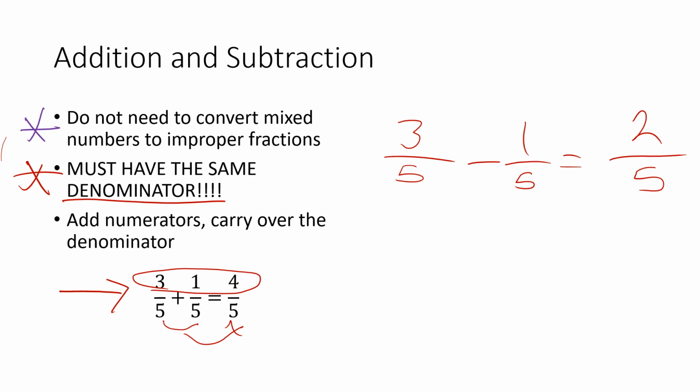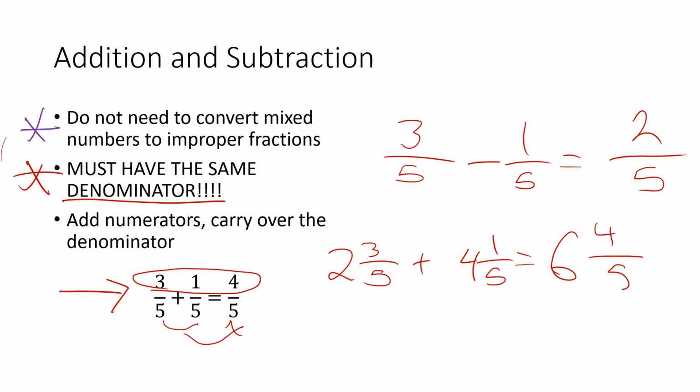That's it. If this was mixed numbers, if we had 2 and 3/5 plus 4 and 1/5, you just add your whole numbers. 2 plus 4 is 6. And then add your fractions. 3/5 plus 1/5 is 4/5. Pretty straightforward, no? Especially when all of our fractions are the same denominator.